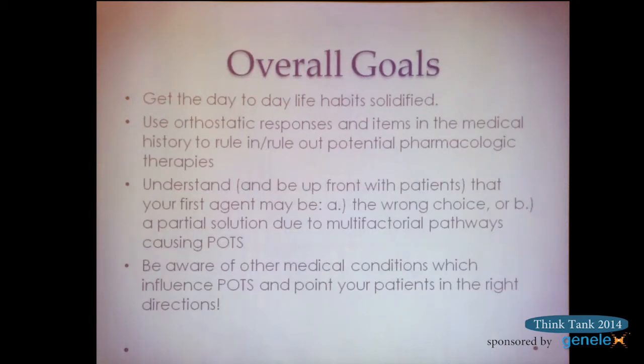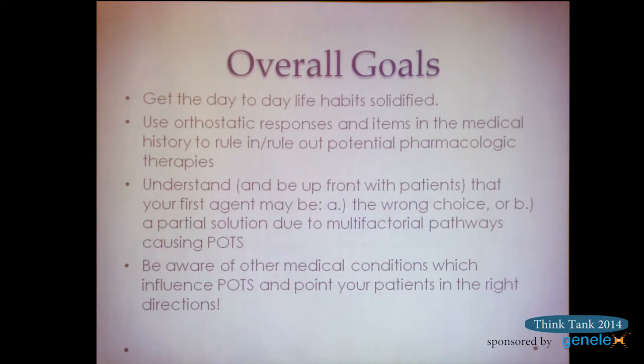So the overall goals of management for POTS are really to get the day-to-day life habits solidified as much as possible. Use your colleagues, your subspecialists that you work with, to help get the headaches, the neuropathic pain, the GI issues and all the rest under control so the patients can have the best quality of life possible.